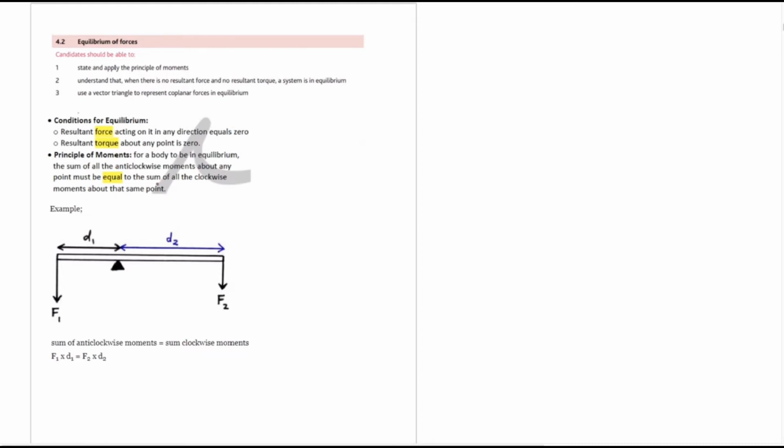Okay, so that means clockwise moment equal to anti-clockwise moment. So that is what they are trying to say. So clockwise moment equal to anti-clockwise moment.